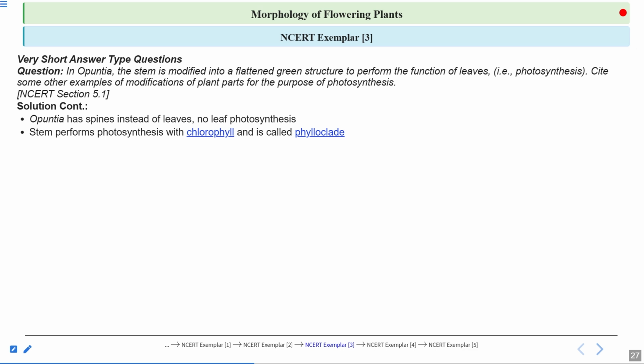So that structure is called a phylloclade, right? So this is one of the structures that we see in the case of Trapa. Here you can see they have photosynthetic roots. The root is doing the process of photosynthesis because they have to do more and more photosynthesis, right?